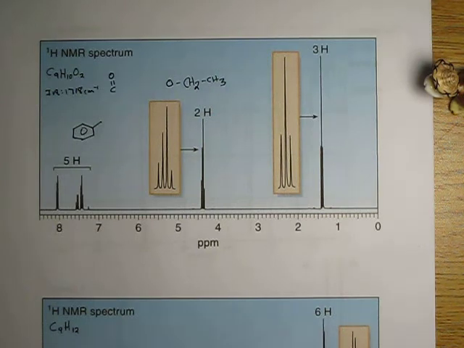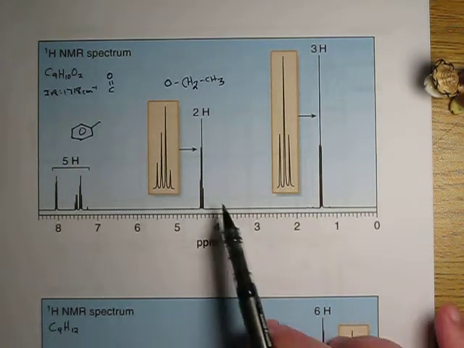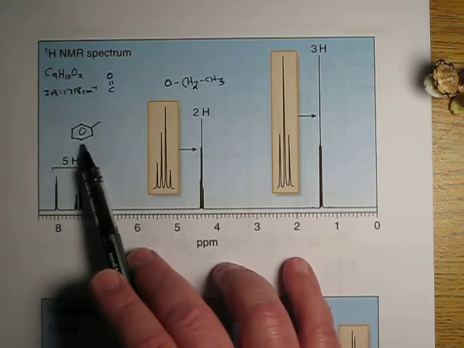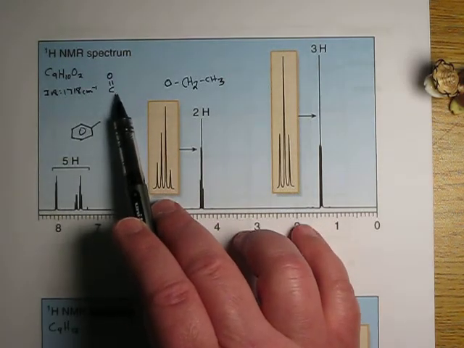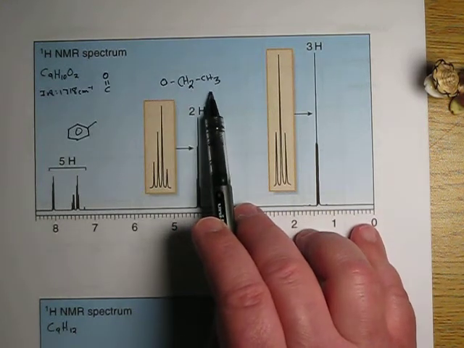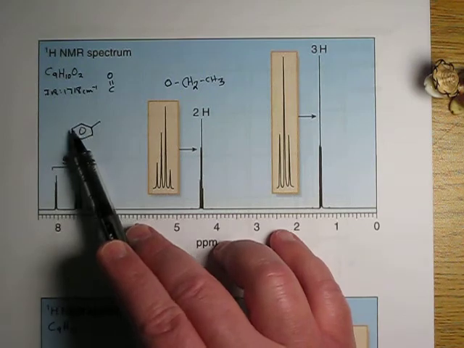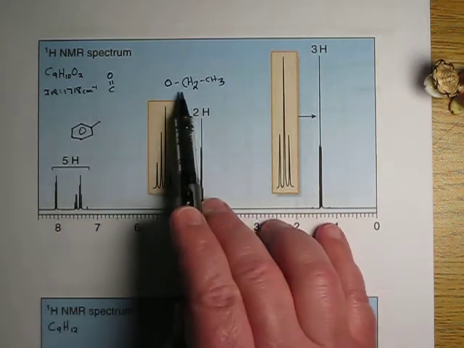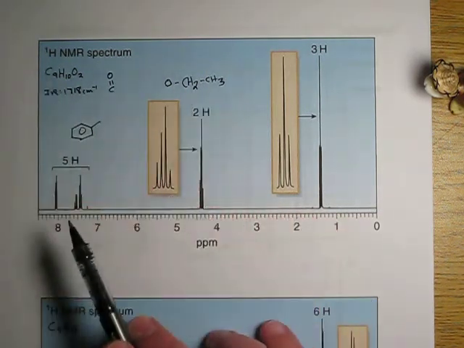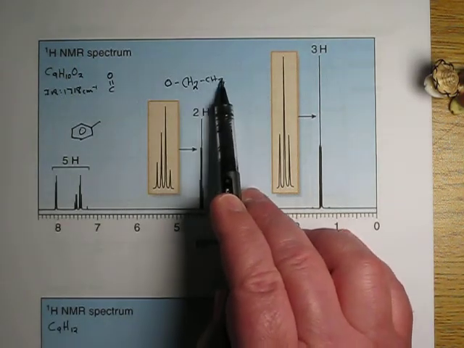Now, we could be smart or we could grind through it. Which do you want to do? Let's be smart, shall we? Check this out. We know we have a monosubstituted benzene ring. We know we have this carbonyl, and this one peak here told us we have OCH2CH3. When we add up all of our atoms, 1, 2, 3, 4, 5, 6, 7, 8, 9, there's our 9 carbons. 1, 2, 3, 4, 5, 6, 7, 8, 9, 10.